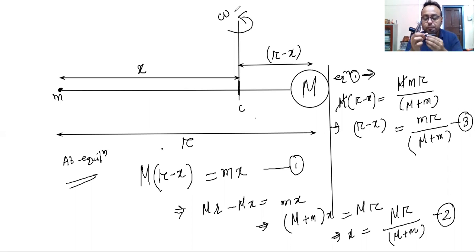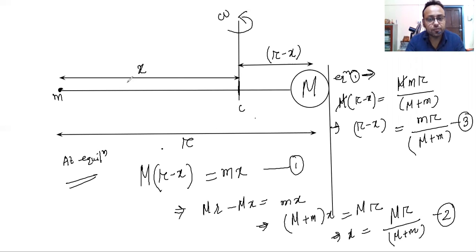The interesting thing is that the nucleus and the electron are attached by a single rod, so both will have the same angular velocity. You have studied that while calculating the moment of inertia in earlier semesters. So both electron and nucleus will have a common angular velocity omega because they are connected to the same rod and rotating.